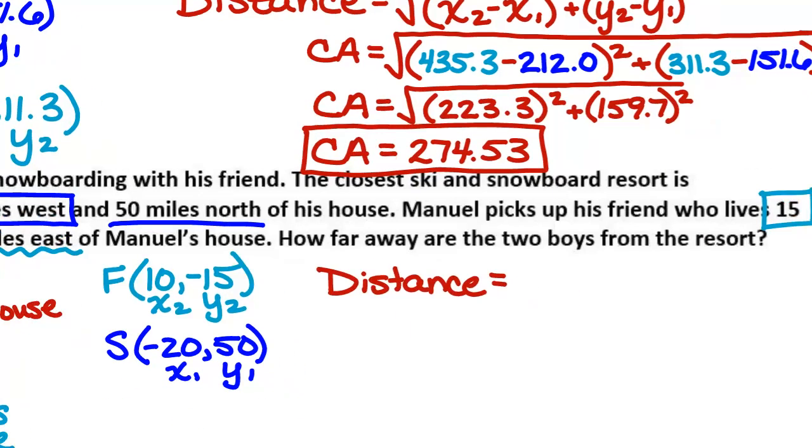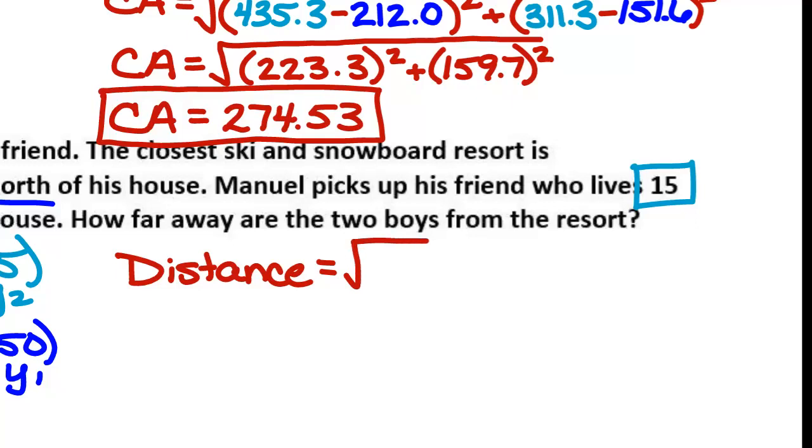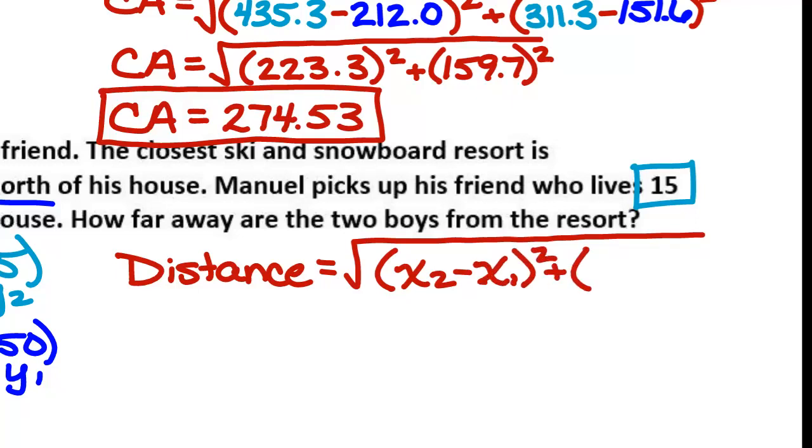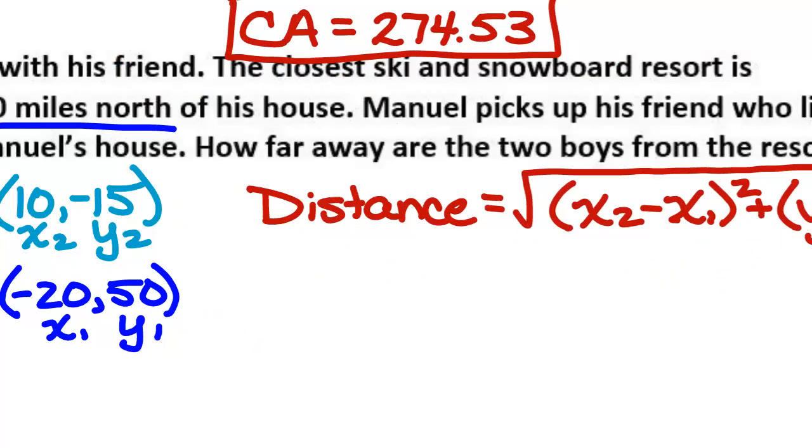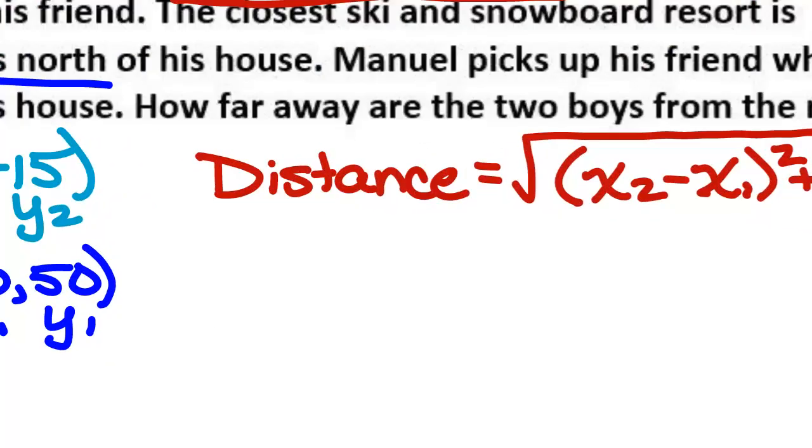So distance is equal to big enormous square root sign, X2 minus X1 squared plus Y2 minus Y1 squared. So we're going to find the distance from friend to ski.